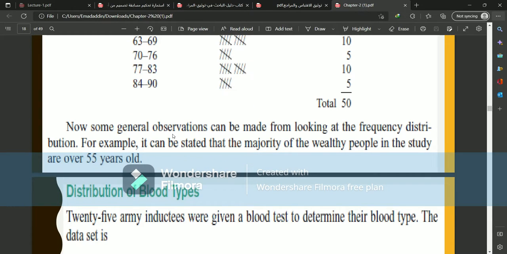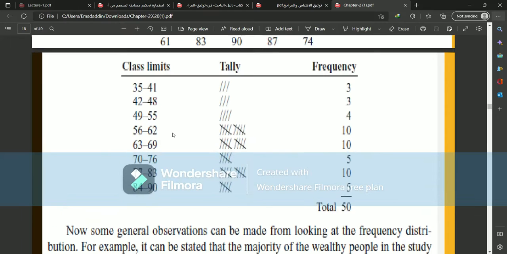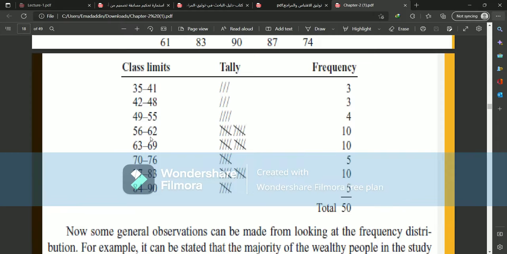Now, some general observations can be made from looking at the frequency distribution. For example, it can be stated that the majority of the wealthy people in the study are over 55 years old.